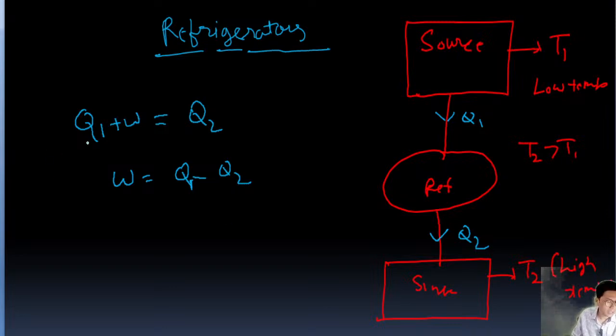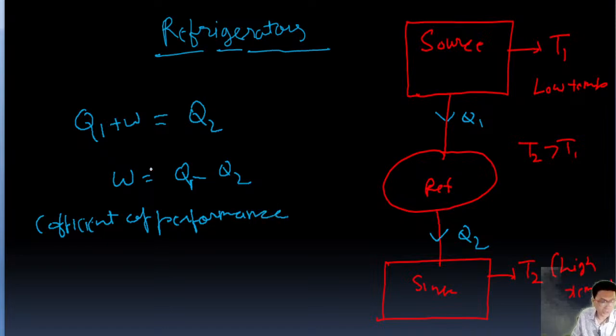Now in case of refrigerator, the efficiency, or we can write coefficient of performance, it is called coefficient of performance K, that is going to be equal to output upon input.